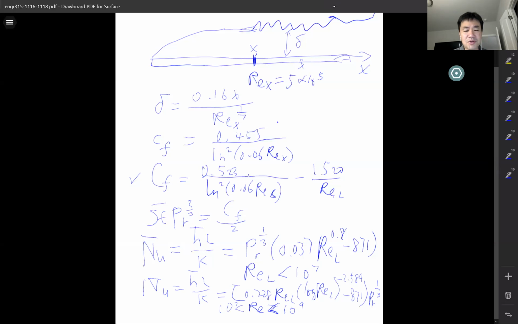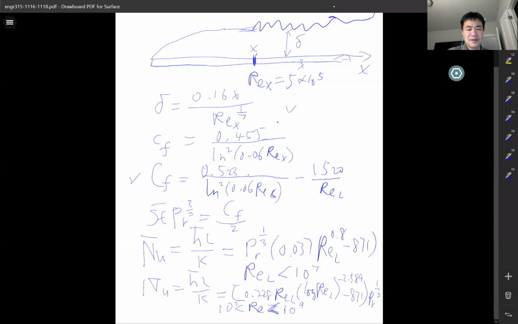Notice that these equations for the Nusselt number and the heat transfer coefficient are based on the Reynolds analogy, but I don't care about the derivation, as long as you know how to use these equations. This is the flow boundary layer thickness.